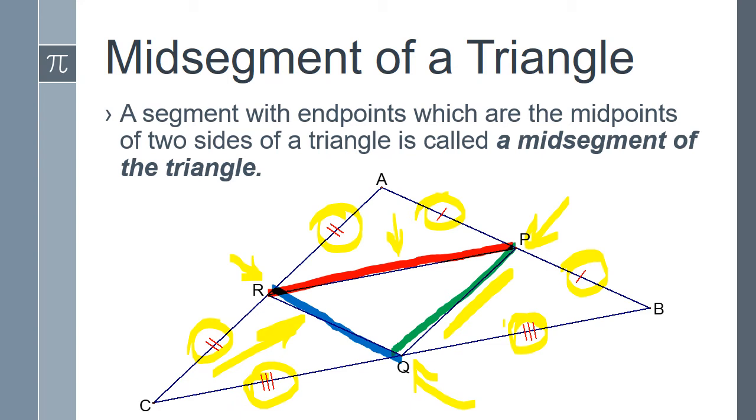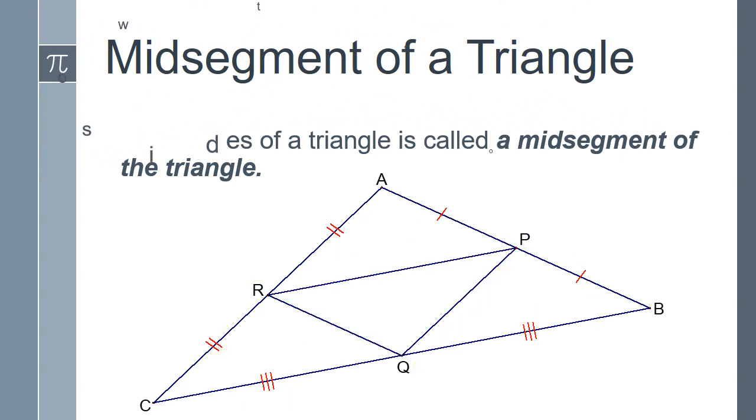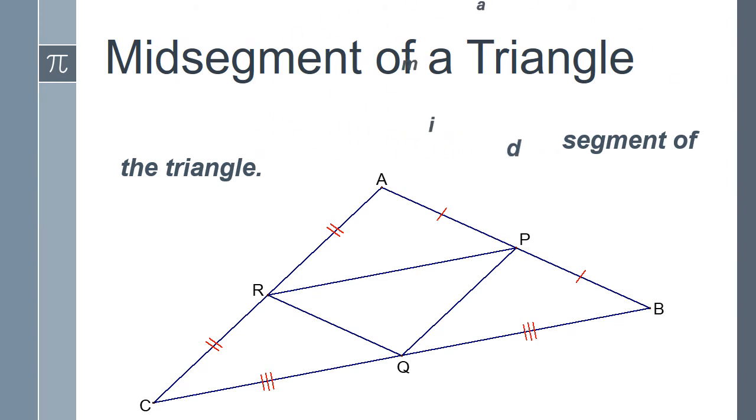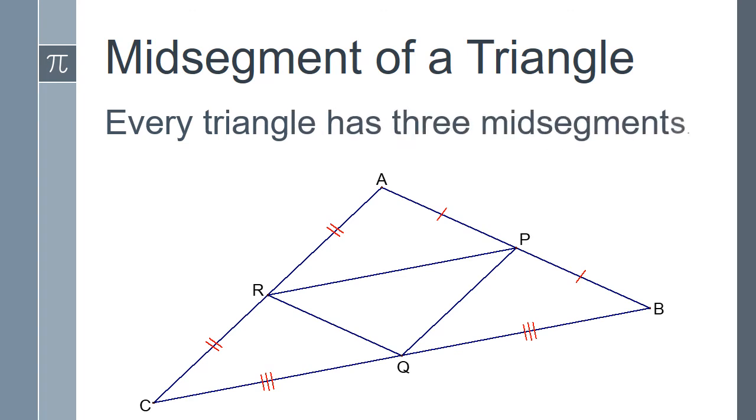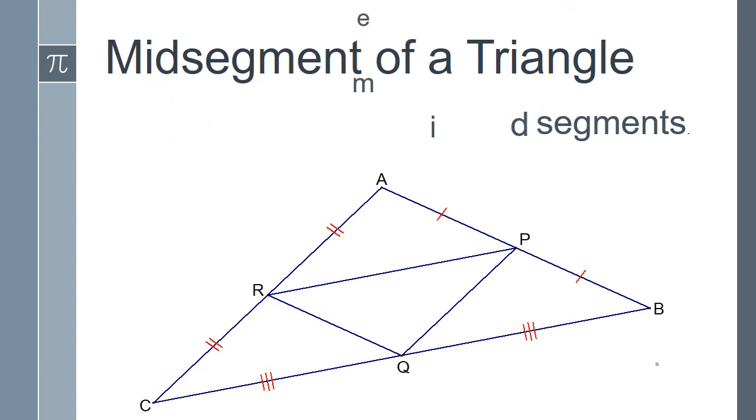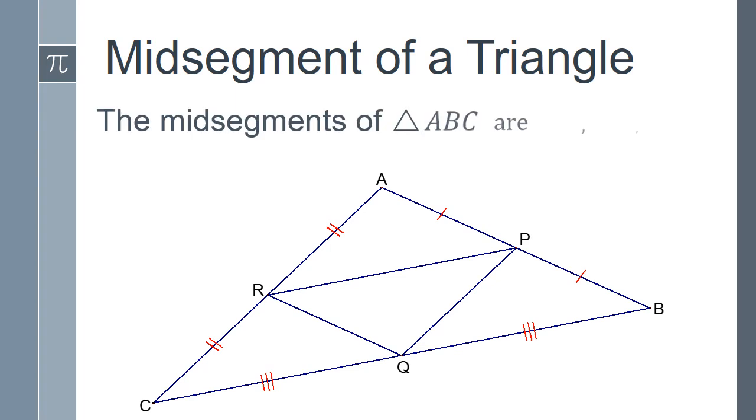So I've got three midsegments in the drawing. Every triangle does have three midsegments, by the way. So in this case, the midsegments of triangle ABC are segment RP, segment PQ, and segment RQ.